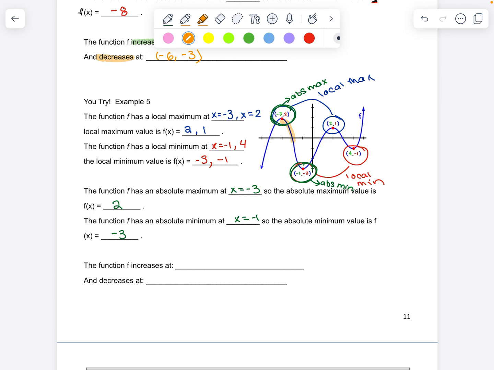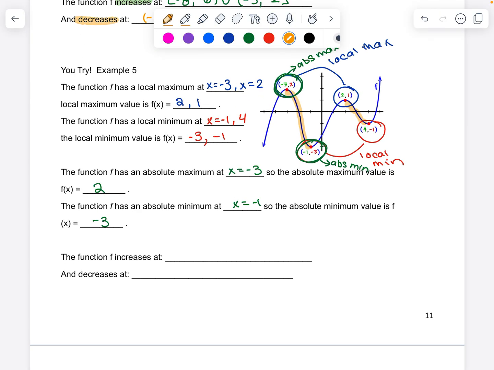It's going to be decreasing at 2 sections. So from left to right at 2 sections. So I'm going to do decreasing first because that's what I just started. So it's the second line. From x to x. So from -3 until -1. Union from 2 to 4. From that x to that x. Done. When we're going to go ahead and talk about our increasing here.